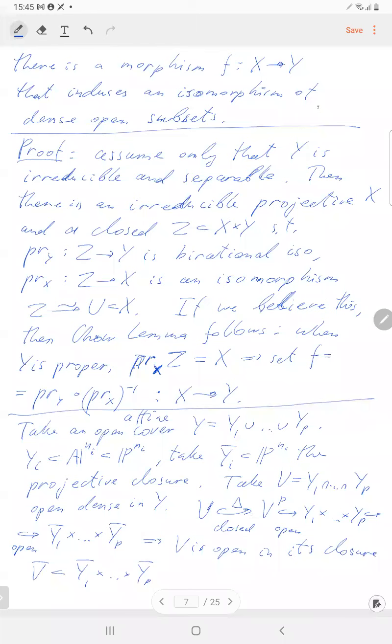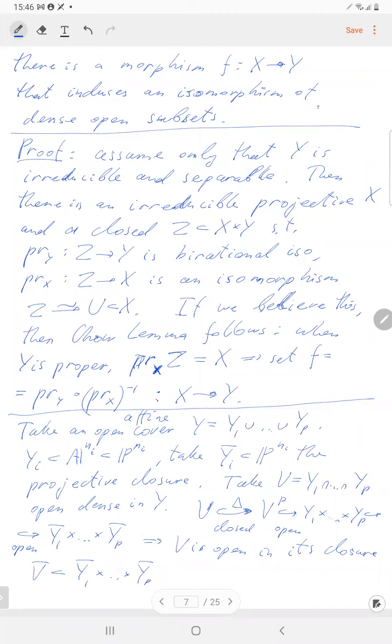Well, the diagonal embedding is closed just by the separable property. And the embedding of open V inside any Yi is open. Yeah, so the product of open embeddings is also open.